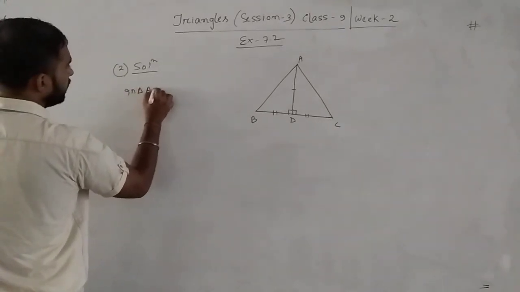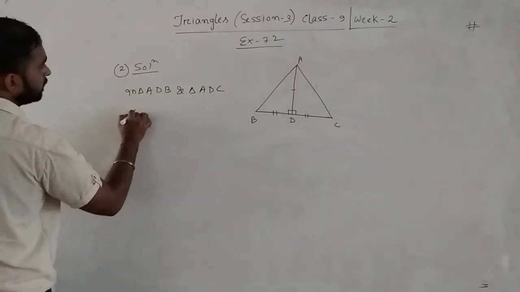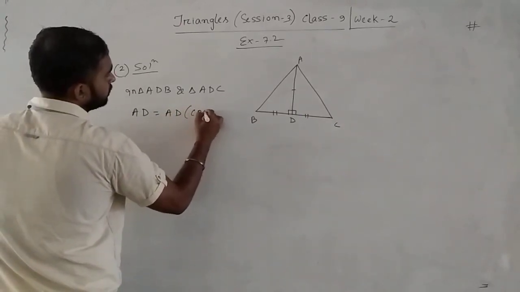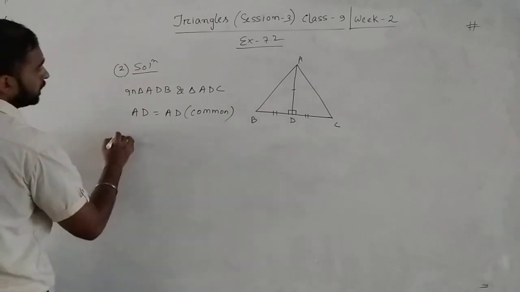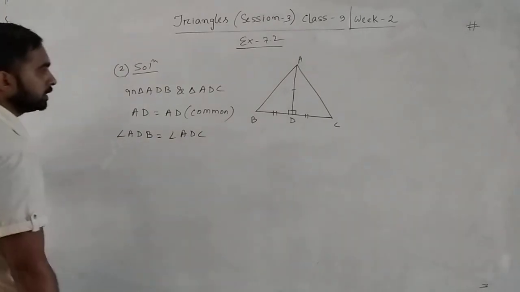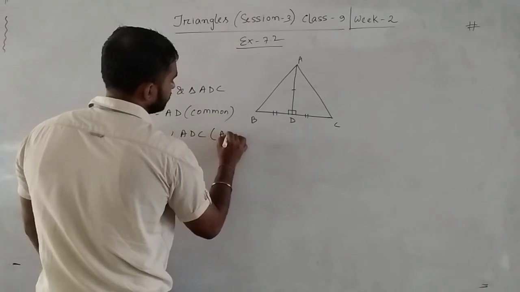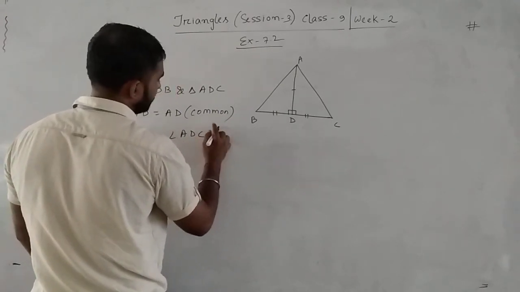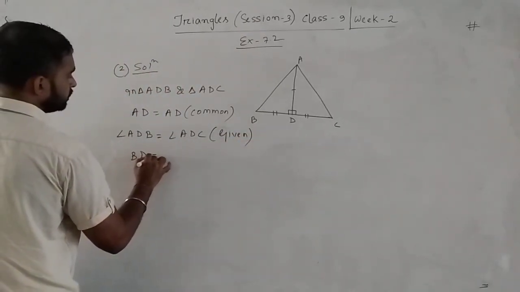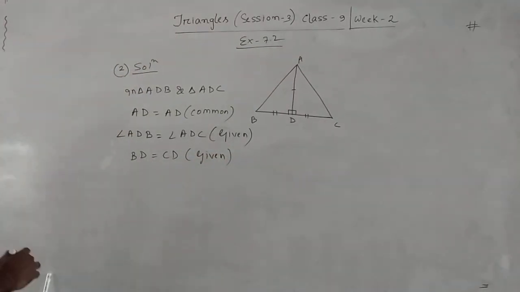In triangle ADB and triangle ADC, AD equal to AD, common. Angle ADB equal to angle ADC, given, because it is given perpendicular bisector. It is also given BD equal to CD.